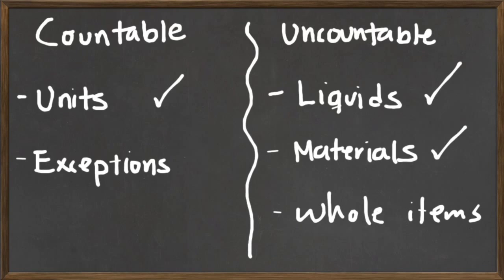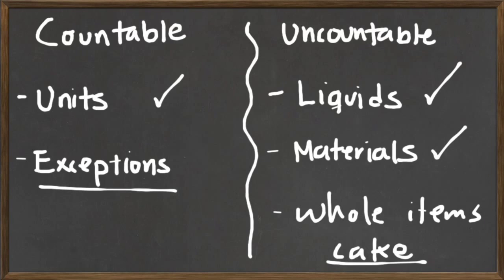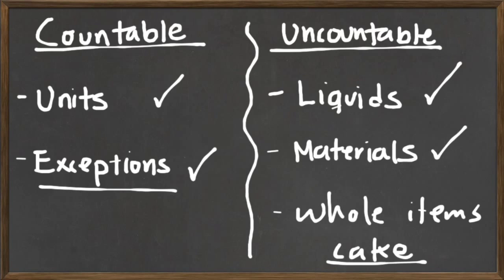For example, a cake or a piece of cake. That's a tricky one, because if we say two cakes, we're talking about two complete cakes. But if I say two slices of cake, we're talking about one specific cake. One other thing I already mentioned: there are exceptions. These exceptions you have to learn and memorize, and through practice, you will get them just right.